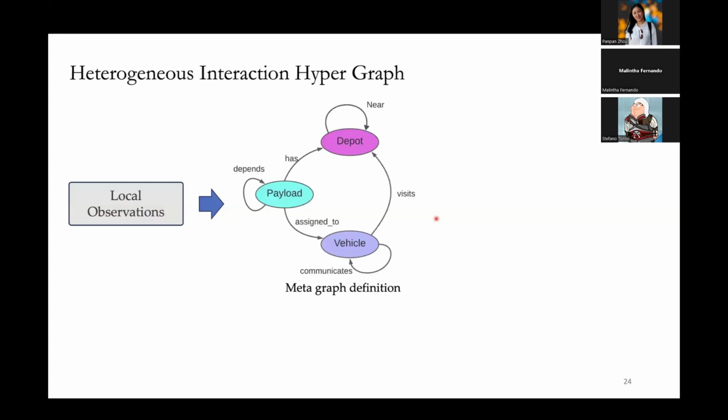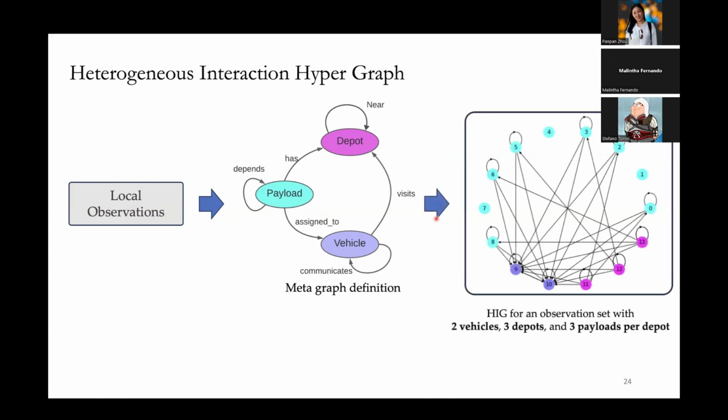So each robot receives a local observation. Then we use this metagraph signature to compute its observations, its interaction graph. For example, in this observation that this agent received, it has observed 2 vehicles, 3 depots, and 3 payloads per depot. So it has 9 cyan color nodes that represent the payloads, and then 3 depots, purple, and then 2 vehicles.